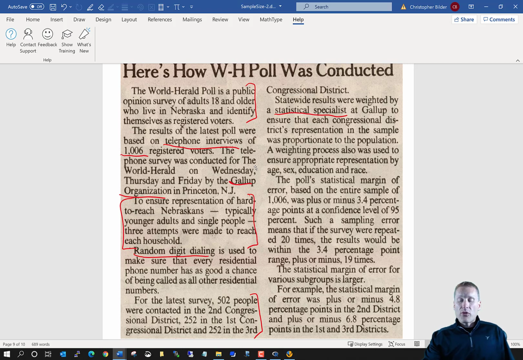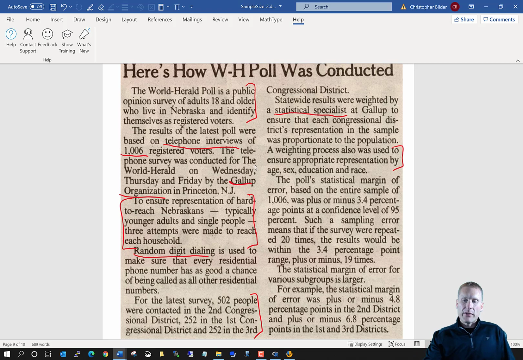So a weighting process was used to ensure appropriate representation by age, sex, education, and race. So if you ended up, let's say, having a large proportion of people who are college educated, larger than what would be in the general registered voter population, then again you would downweight those responses some.